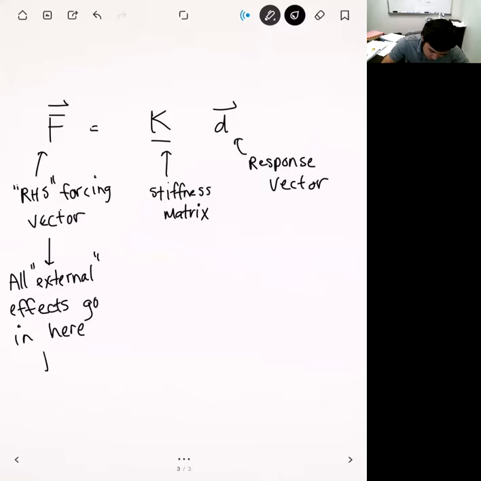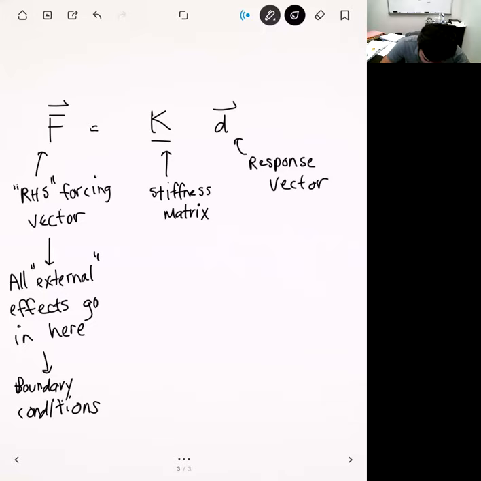Primarily, the only external effects that we're really considering are the boundary conditions. So things like loads, things like constraints, all of those effects go into the forcing vector.